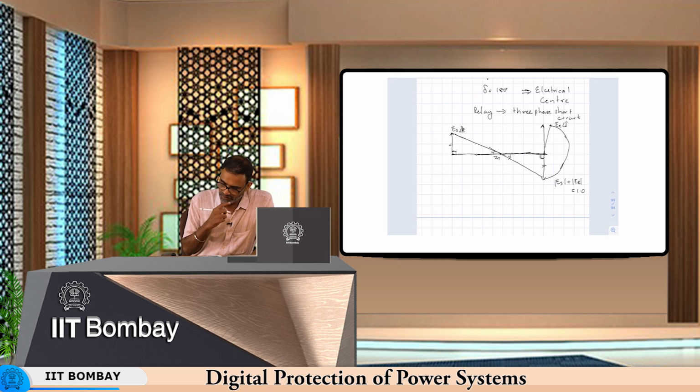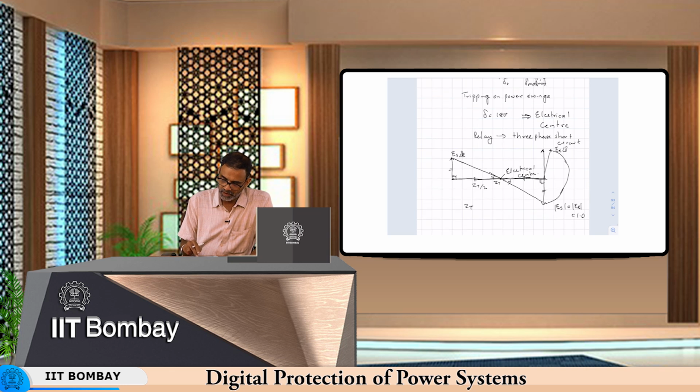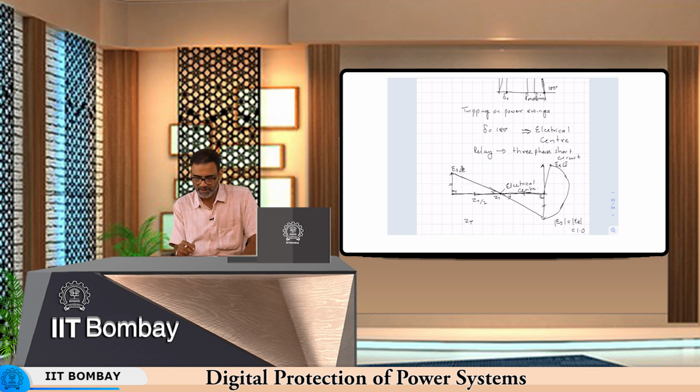So, you have angle side angle, and the triangles are similar. So, this side is also equal to this side, and because of this equality, each will be equal to Zt by 2. So, this is the electrical center. And because it lies virtually at the center, it is known as the electrical center.